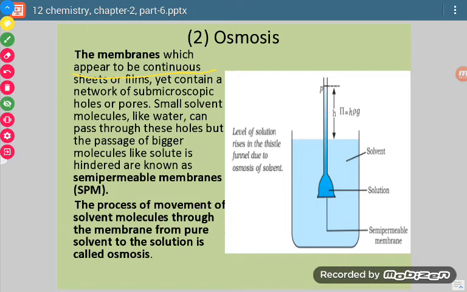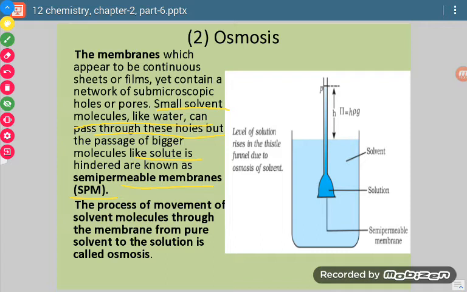It appears to be a continuous sheet or film, but still it contains a network of submicroscopic holes or pores. Those holes are such that small solvent molecules can pass through them, but solute molecules cannot pass through it, and it is called a semi-permeable membrane, or SPM.